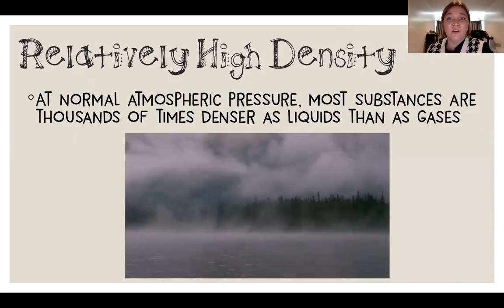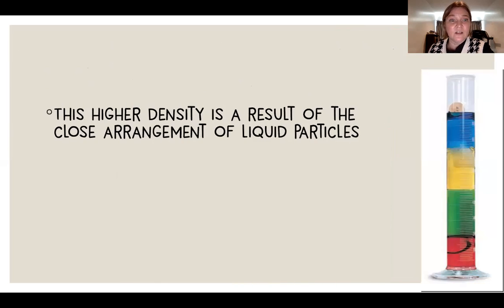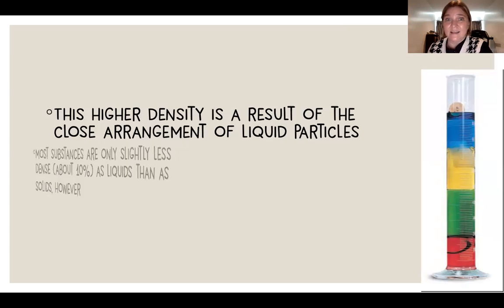At normal atmospheric pressure, most substances are thousands of times denser as liquids than as gases. The higher density is a result of the close arrangement of the liquid particles. Remember, a gas takes up 1,000 times more volume than the same substance as a liquid. So if you have a milliliter of liquid, it will take up a liter of volume as a gas.